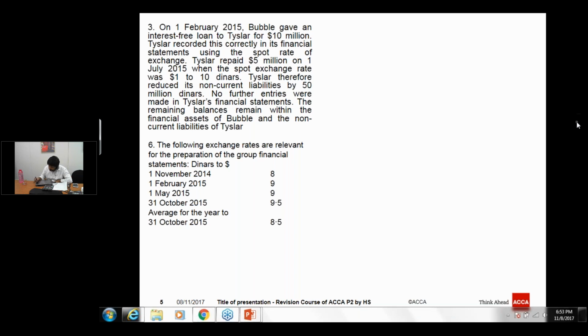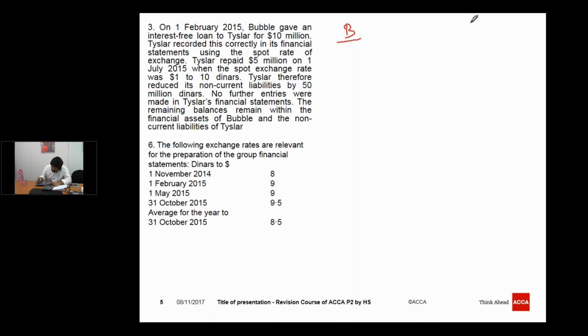So let's start. Bubble gave an interest-free loan. So Bubble company has given the interest-free loan to Tesla. That is an investment in the books of Bubble for 10 million.